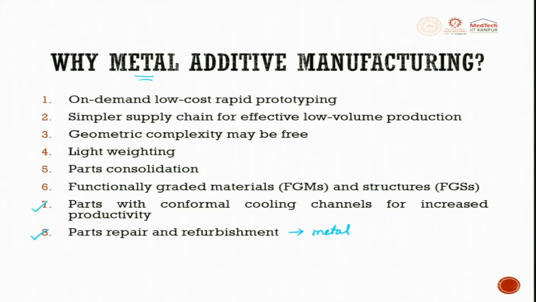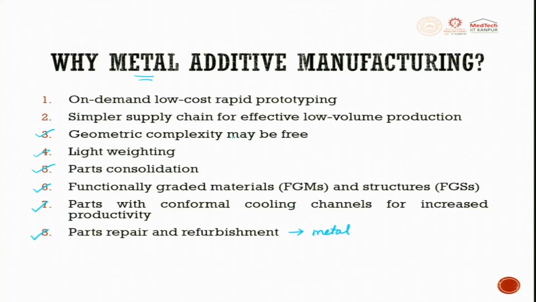Part consolidation and functionally graded complexity, these are very important points for why metals are used in additive manufacturing. This I am trying to compare with the metal based subtractive processes.